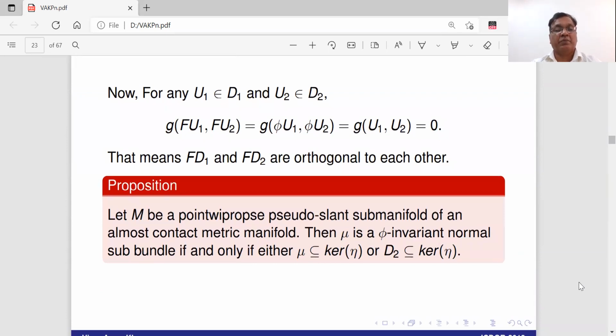Let M be a proper pointwise pseudo-slant submanifold of an almost contact metric manifold, then mu is a phi-invariant normal subbundle if and only if either mu is contained in the kernel of eta, or D2, the anti-invariant distribution, is contained in the kernel of eta.